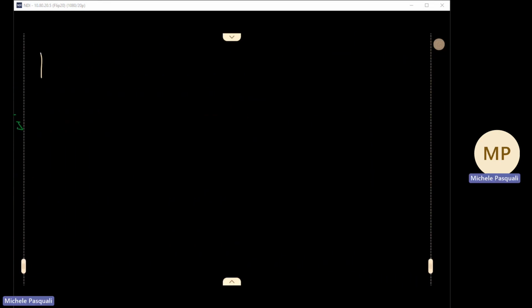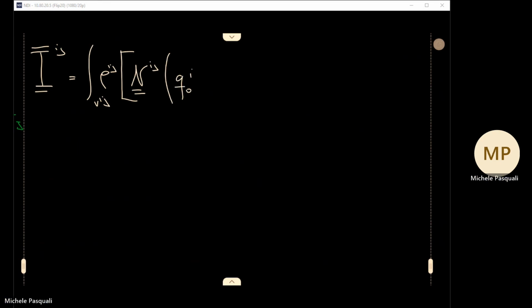This vector is the following. It's the integral of Vij on the density Ij. Let's bring out the element structure, applied over Qfi, the Vi.